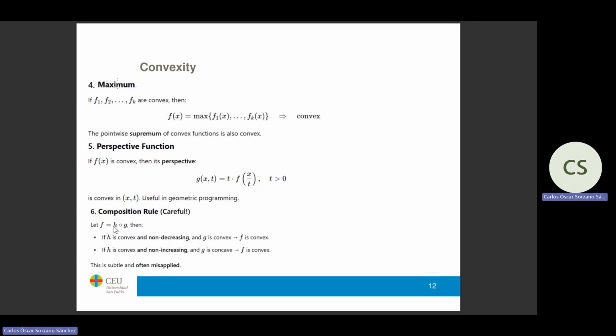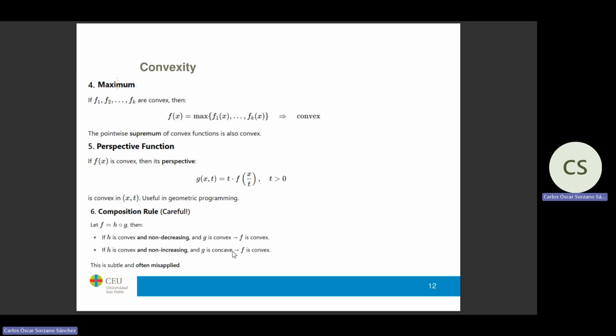So let's say that you are composing two functions. So first you apply g, then you apply h. h is convex, and g is convex, but there is another constraint that h is non-decreasing. So if it is non-decreasing, the composition keeps convexity. And here it is a little bit more surprising. So g is concave, but h is convex and non-increasing.